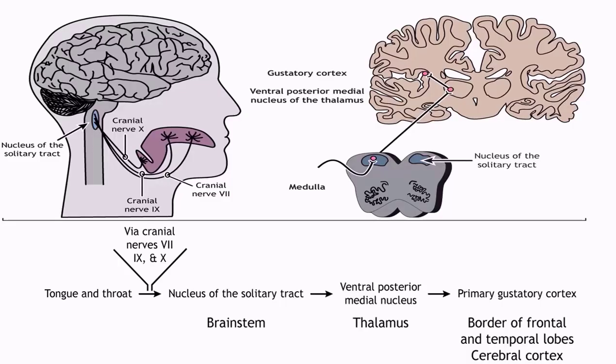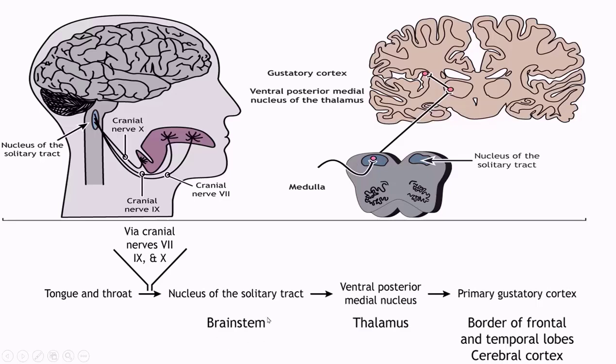Here you can see that from the tongue, the 7th, 9th and 10th cranial nerves receive information and it is sent to the solitary tract which is located in the brainstem. From the solitary tract, it is sent to the ventral posterior medial nucleus.